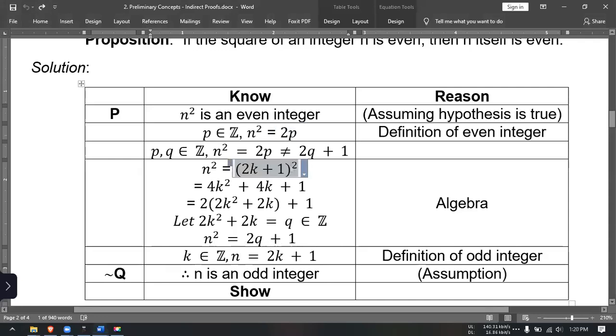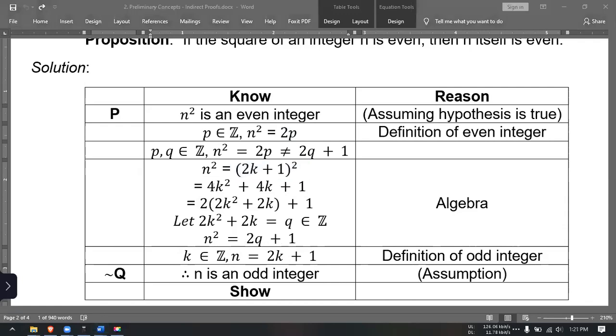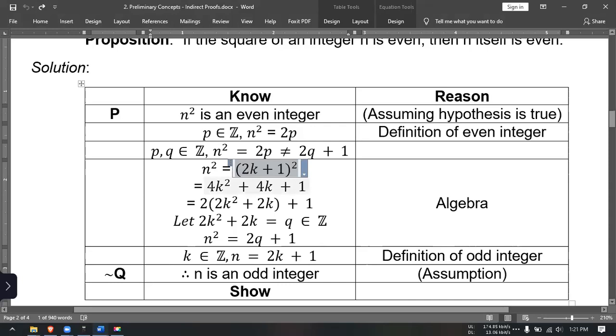Nakuha nyo? Backward yung solution natin na we'll start with our show or in our conclusion. So squaring n here will give us 2k plus 1 squared. And by algebra, we'll be having 2k squared plus 4k plus 1. Undistributing 2, we'll have 2(2k squared plus 2k) plus 1.